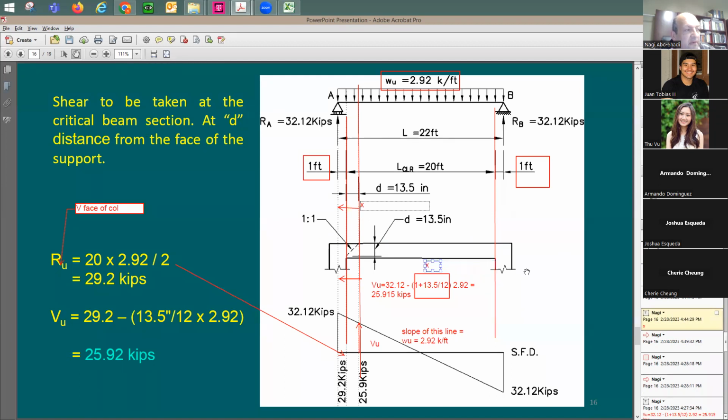How do you find the shear here? You take the reaction, and then you decrease it by X times the slope of this line. The slope of this line, according to what we learned in statics, is equal to the load. So the first derivative of the shear diagram is the load.